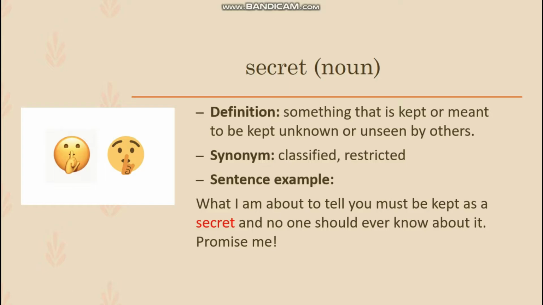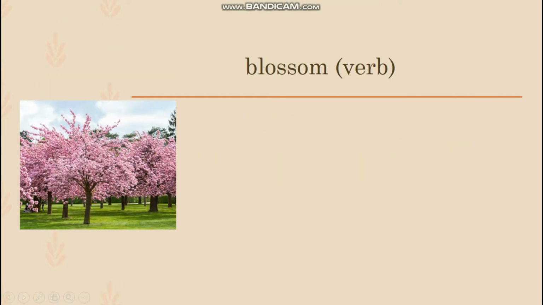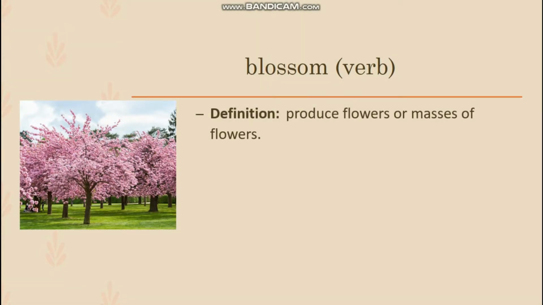So let's move to the second word, which is blossom. What is the definition of a blossom? Now, as for the definition, it means to produce flowers or masses of flowers. So it's very, very nice here when I say blossom and I look at the picture.